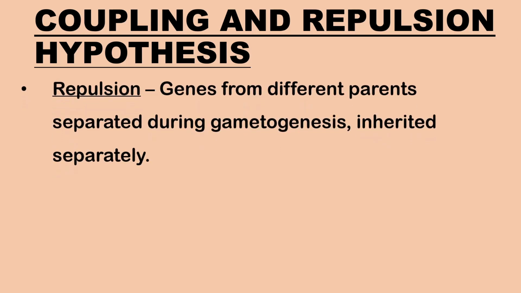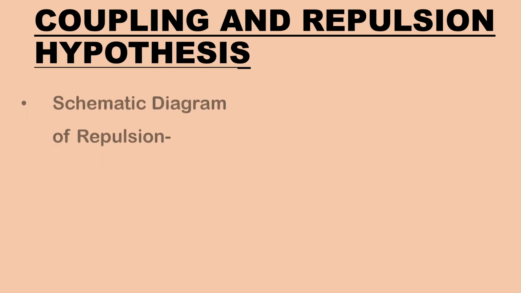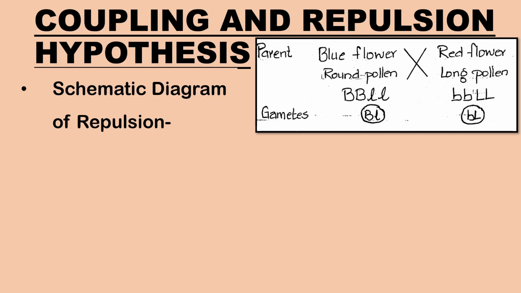In repulsion, the genes coming from different parents are separated during gamete formation and are inherited separately. The dominant alleles and recessive alleles of some genes are present on the same chromosome. A pea plant having dominant allele for blue flower and recessive allele for round pollen grains was crossed with another pea plant having recessive allele for red flower and dominant allele for long pollen grains.